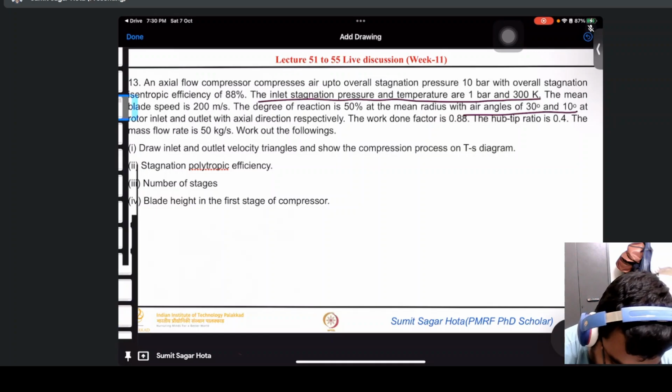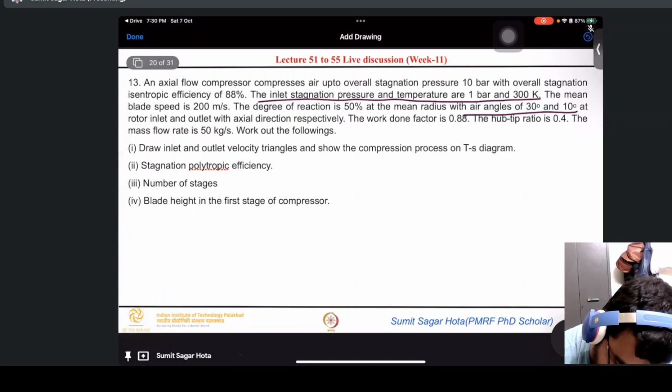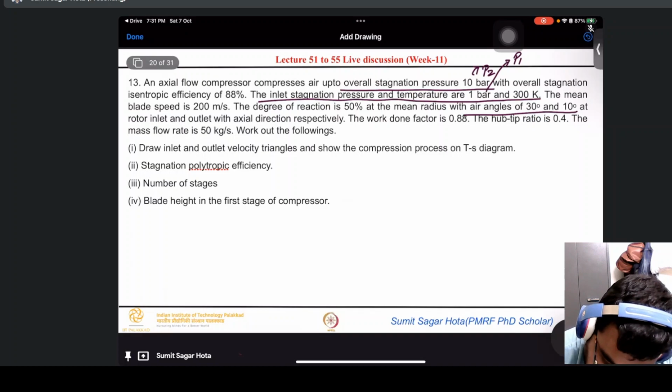That means P1 and T1 are given. Where is the pressure ratio written? Here P1 is 1 bar. The axial compressor raises air up to overall stagnation pressure of 10 bar. So that means P2 is 10 bar. This is your P2, this is your P1.